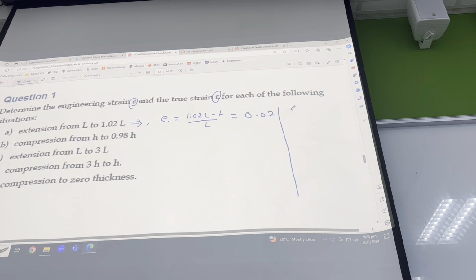I write epsilon is ln 1.02 L over L. So how much do you get here? So you can cancel L and find out the value of natural log 1.02. 0.019.